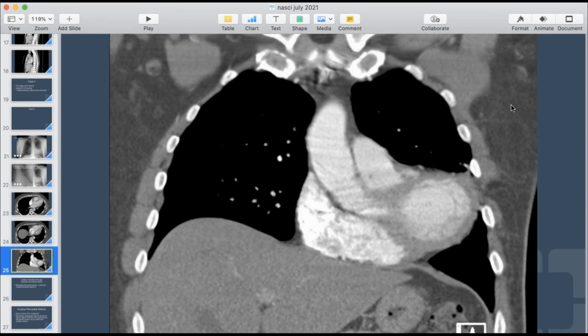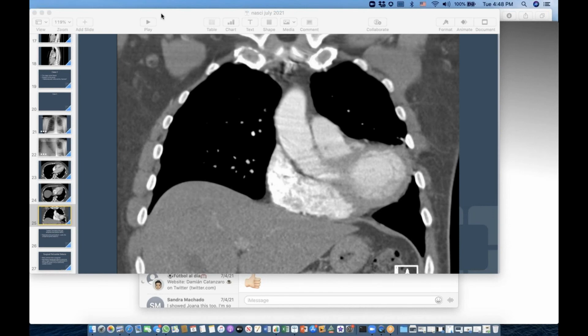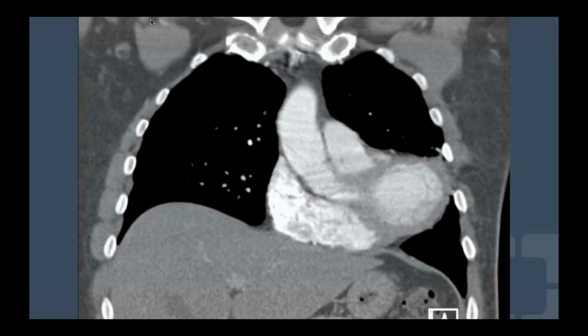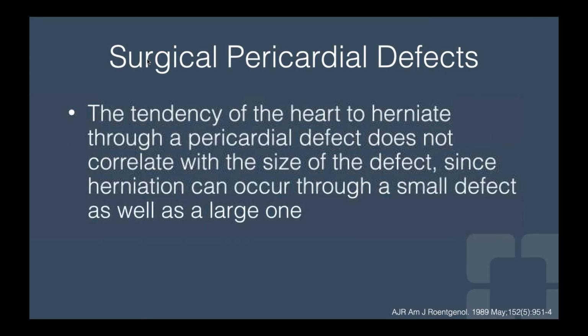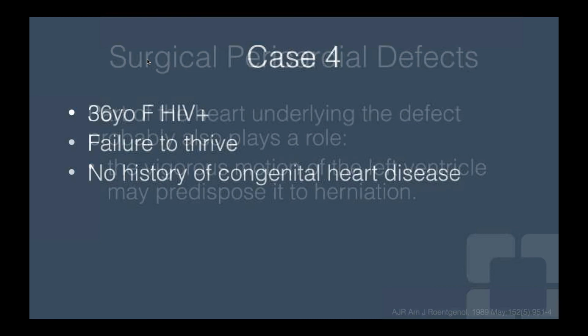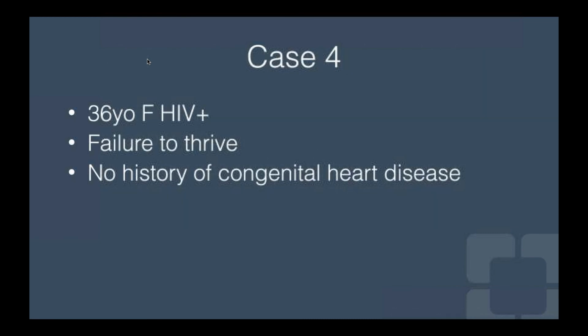It's manifested by gas or fluid sometimes along the pleural cavity, or abnormal cardiac contours, and there's a tendency of the heart to herniate through the defect. Something I learned when researching this case was that there's no correlation with the size of the defect, or at least it has not been proven to be statistically significant.